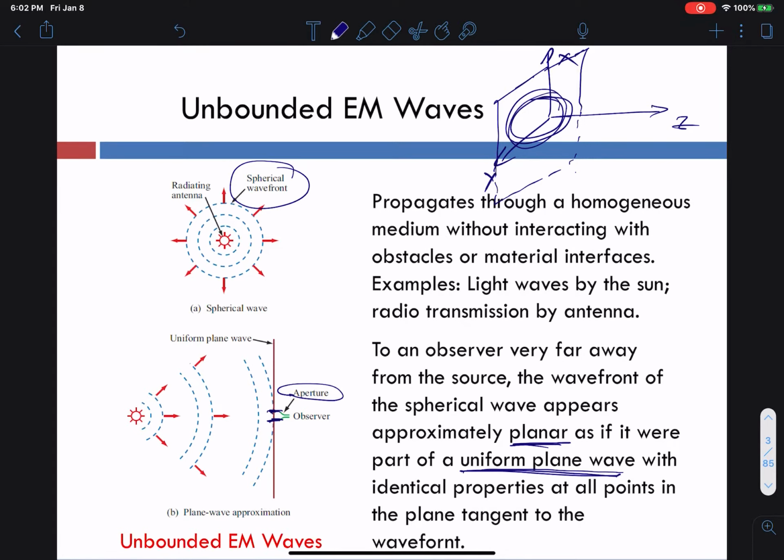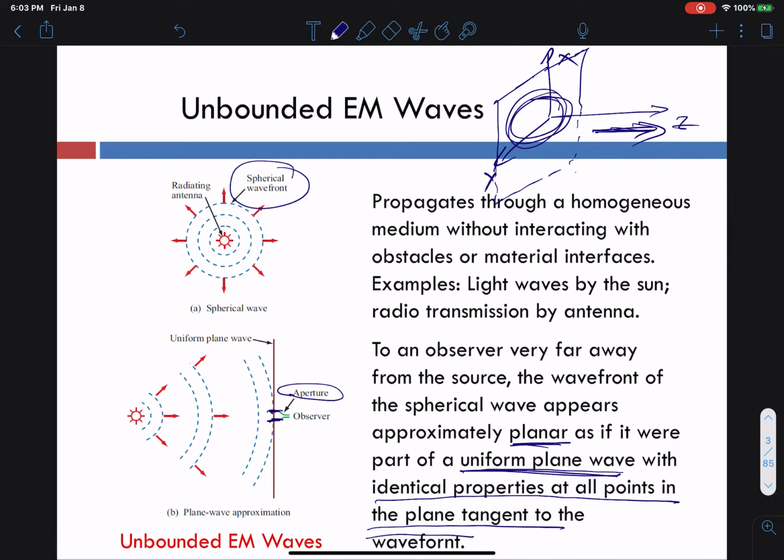That's what I'm saying: identical properties at all points in the plane tangent to the wave front. So the wave front is going this way. Think about your sound wave. Sound wave goes as a planar wave. It's pushing the air or media to go through, but every slice of the sound waveform has the same property on every point of the plane.